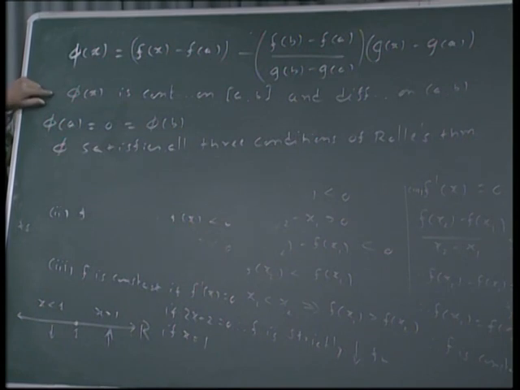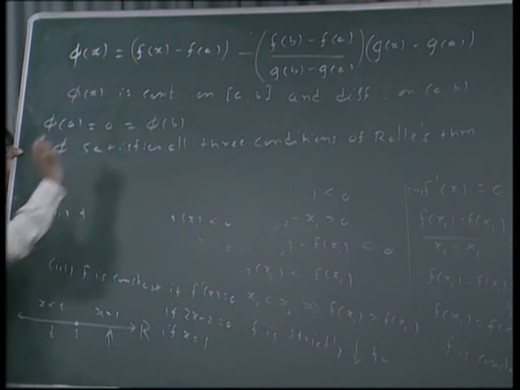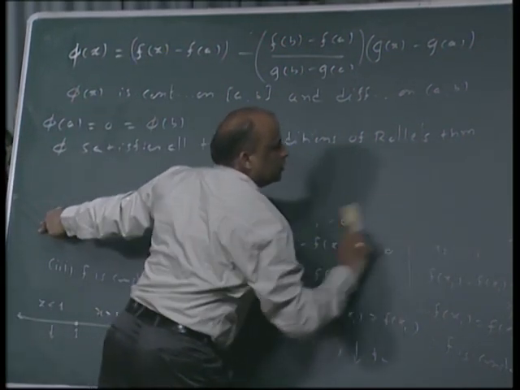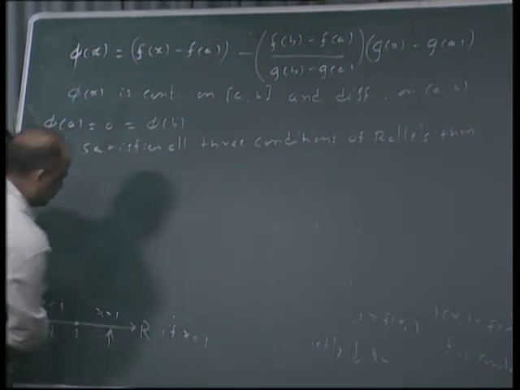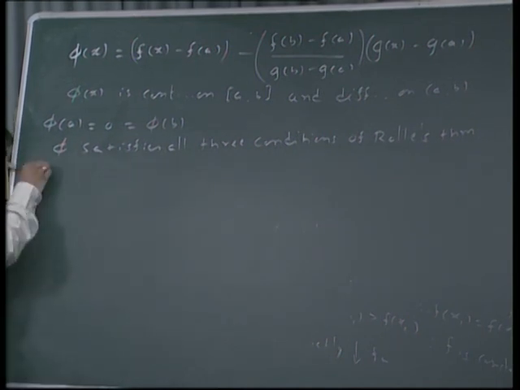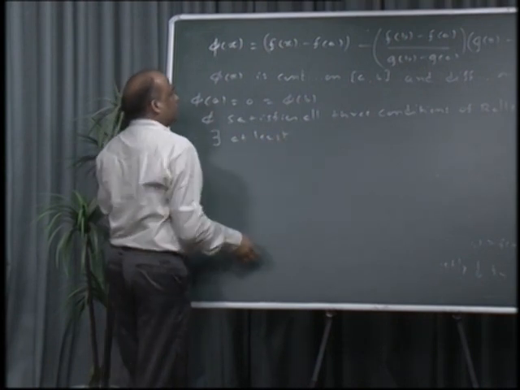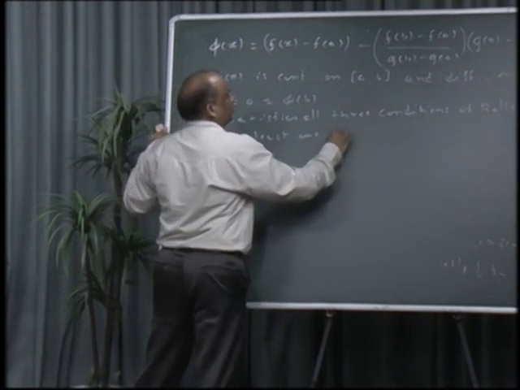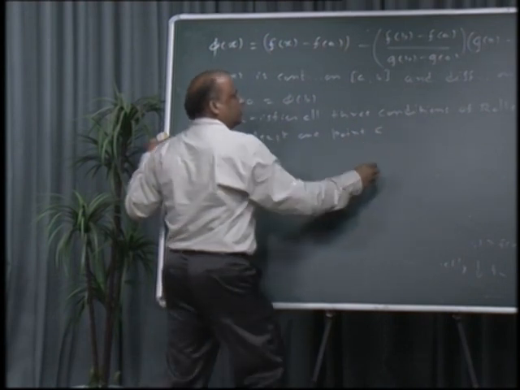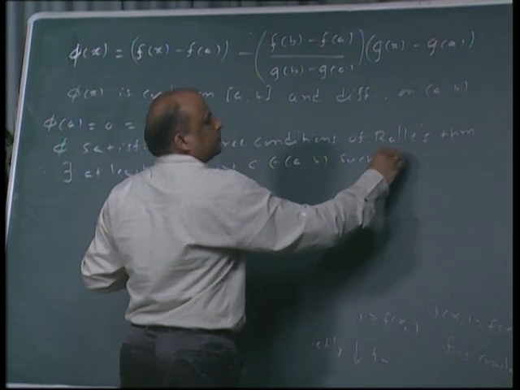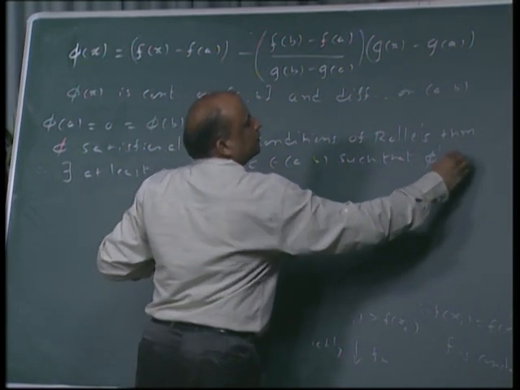It is continuous on closed interval [a, b], differentiable on open interval (a, b), and phi of a is phi of b, and therefore I may apply Rolle's theorem to this new function phi, and therefore there exists at least one point c on the open interval (a, b) such that phi'(c) is 0.